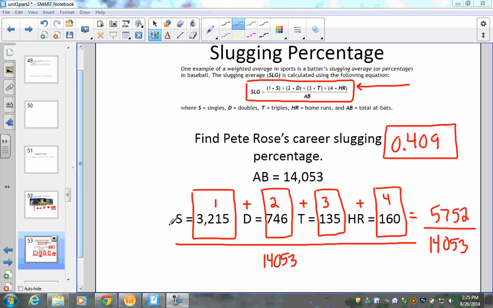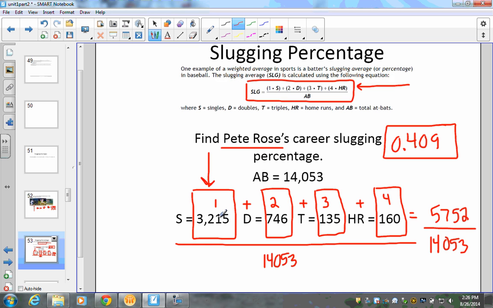Now you might be asking, what exactly is a slugging percentage? Basically, a slugging percentage is how much power a batter has. Pete Rose was known for his contact, meaning being able to hit base hits, and it's shown by the number of singles that he got.